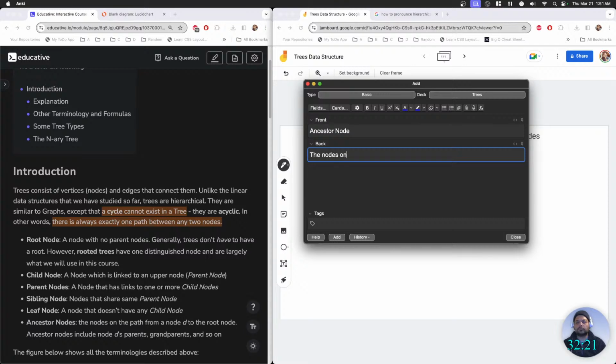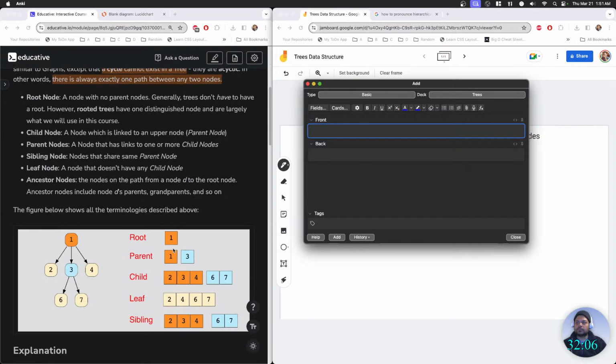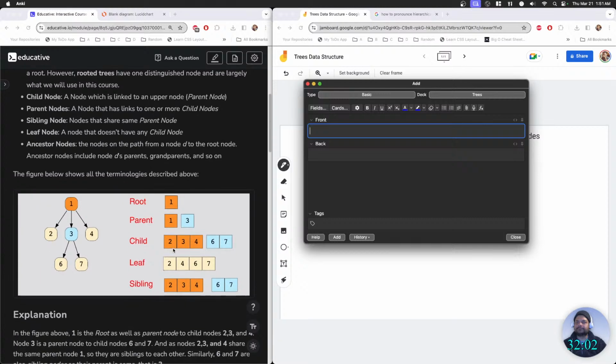The path: the nodes on the path from a node D to the root node. The figure below shows all the terminologies described above.